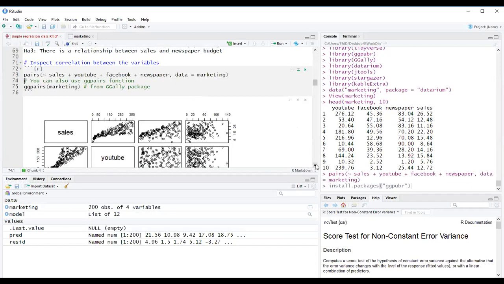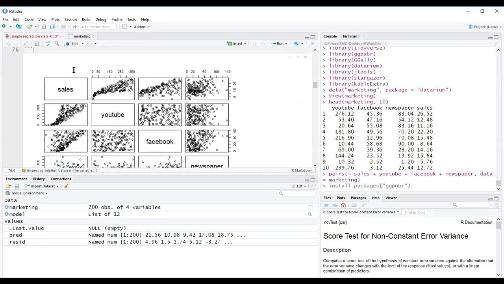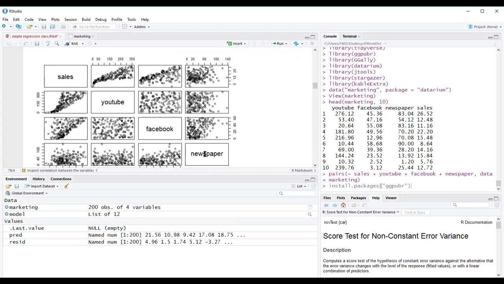So we find here the plot between sales and YouTube, sales and Facebook, sales and newspaper. First, let's take a look at the relationship between your dependent variable, or outcome variable, or predicted variable, sales, with YouTube, with Facebook, and with newspaper. Where do you find that relationship?